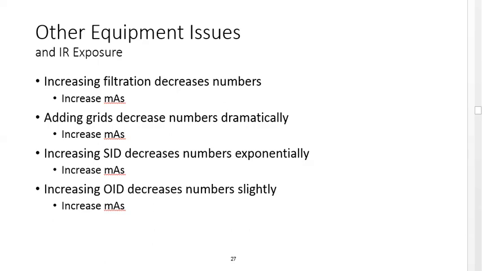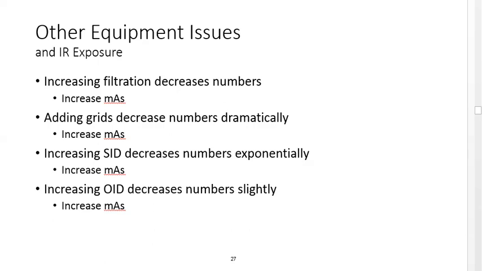For most of your grids, you're going to have to increase your mAs by a factor of 3 to 6 times, because of the amount of scatter and the amount of remnant beam that a grid absorbs.